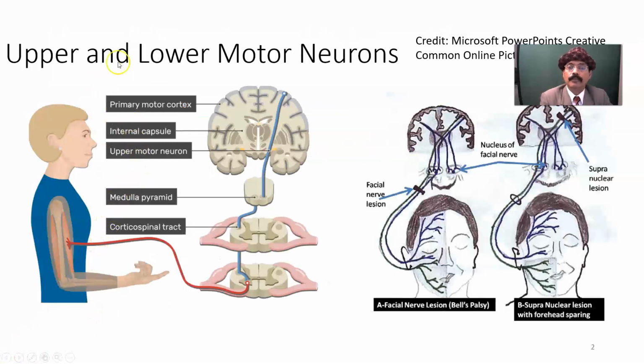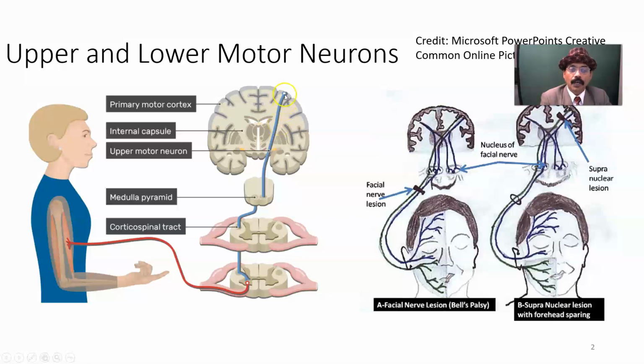Okay, so this is the picture of an upper motor neuron from the cerebral cortex. Suppose this is the corticospinal neuron. Its axon forms a tract. So this is the cerebral cortex. It goes through the internal capsule. This is the internal capsule area.